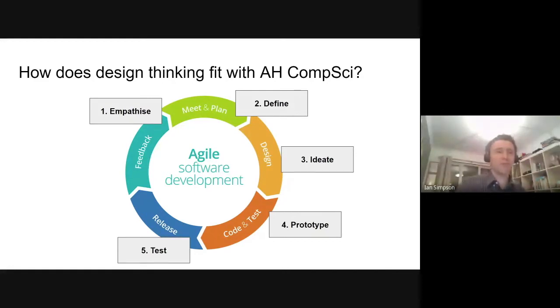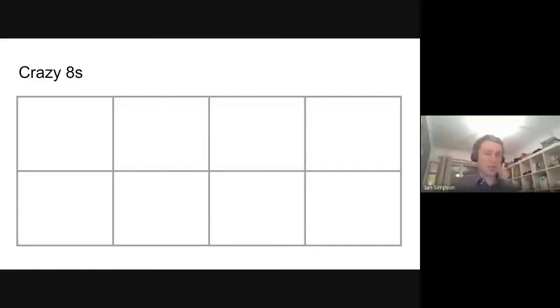So with that in mind, and because I was also going through a design thinking course at the same time, I was basically being the student in one class and then taking what I've learned and adding to my design thinking lessons with my advanced higher students. So we introduced this idea of crazy eights. You probably know this already.